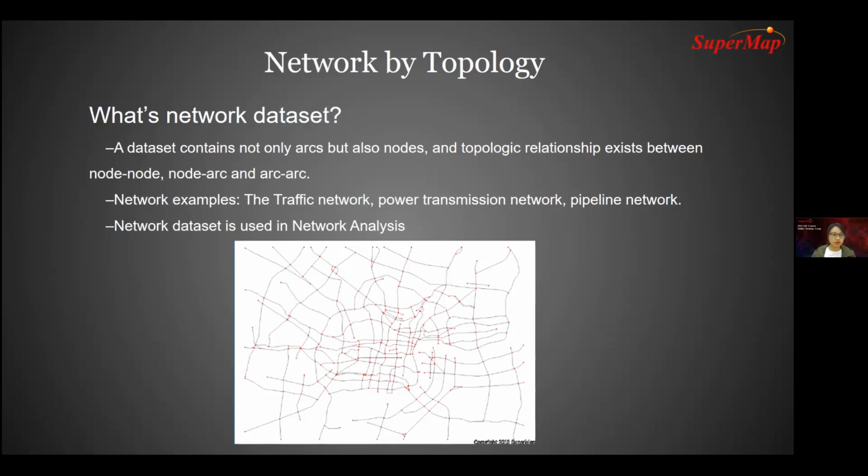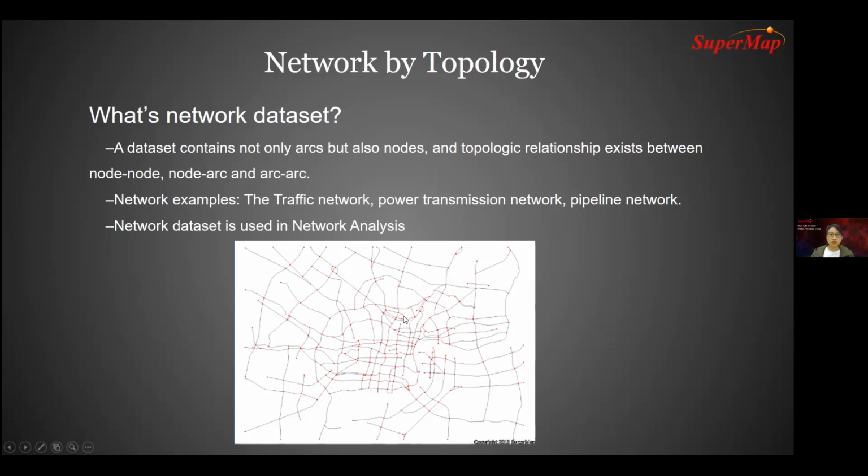And for the facility network, the network is composed of a group of edges and junctions. So it can be used to express and model the real-world network facility according to the specified connective rules.